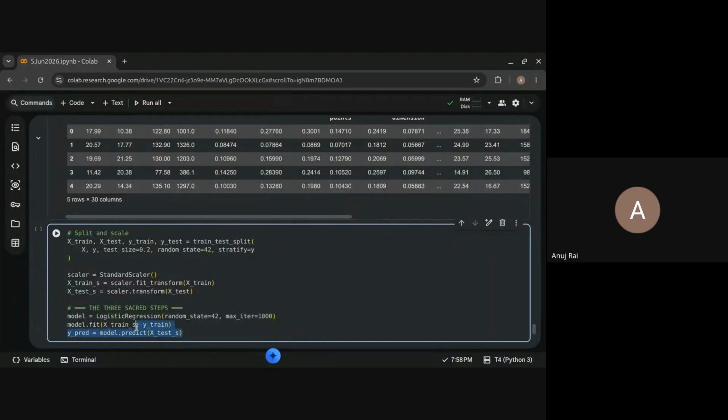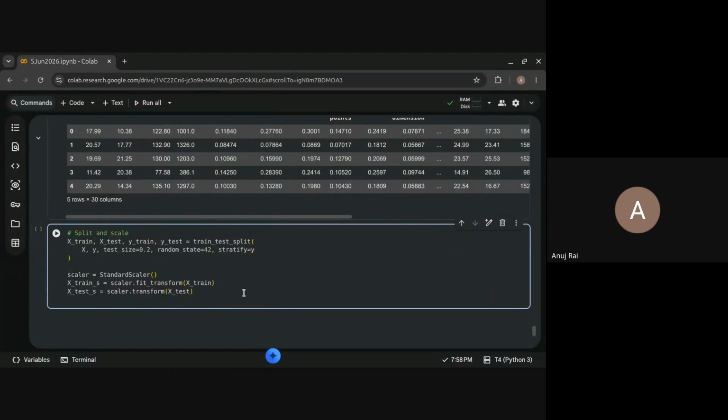These three steps are required when we have a large number of variables and want to bring all the variables into the same range. It adjusts all the variables proportionately.